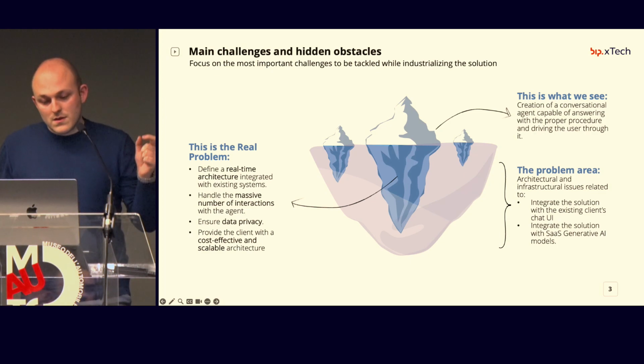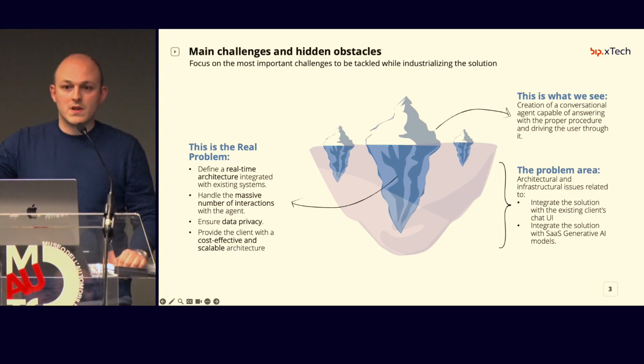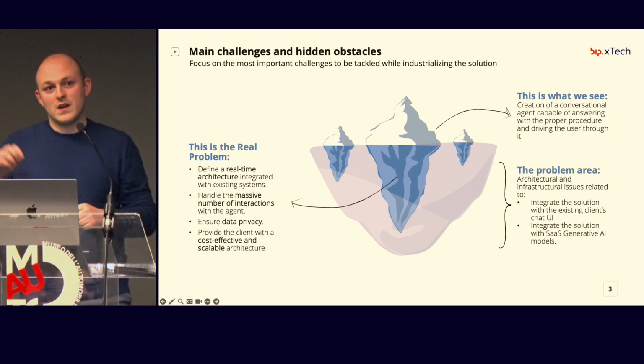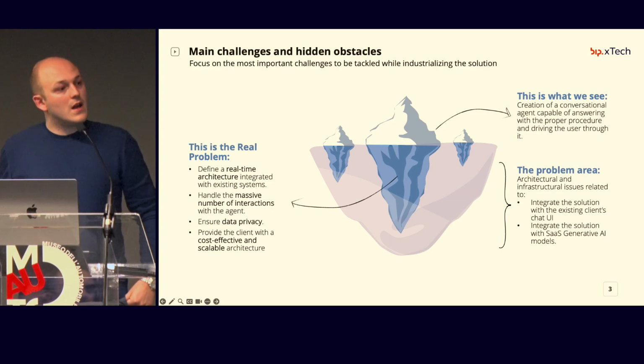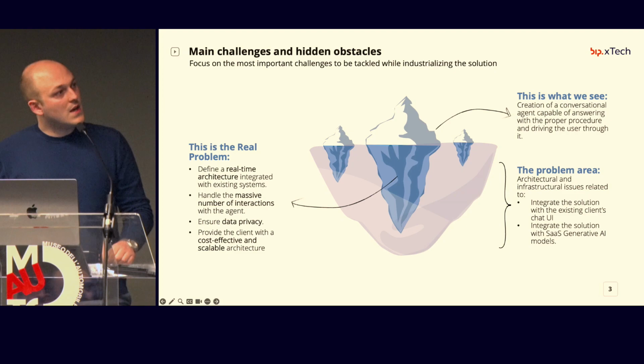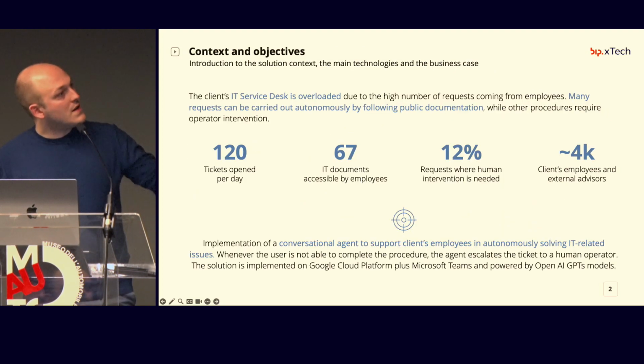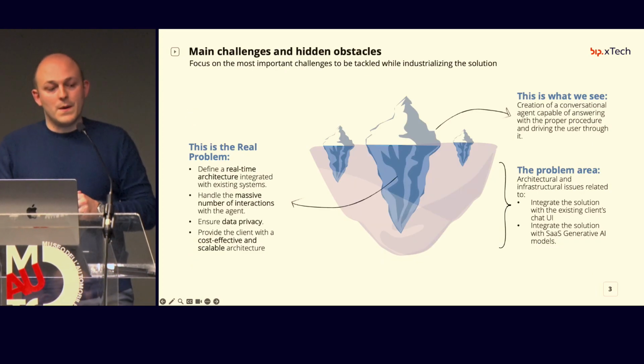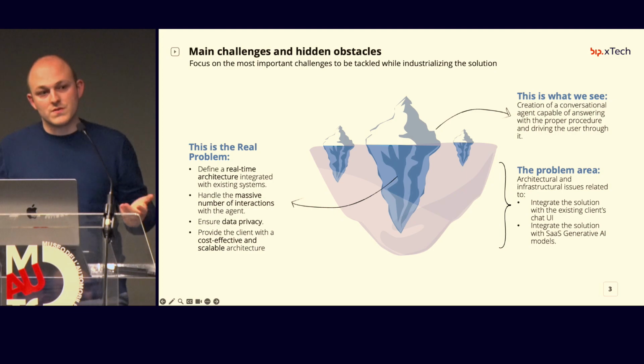Okay, so we have to deal with this kind of limitations. And this use case is very simple, but it is an iceberg use case, because you see the top of the iceberg, that is implementing the conversational agent. So I can write a few lines of code with LangChain, plug in GPT, providing about 70 documents to GPT and answer users' questions.